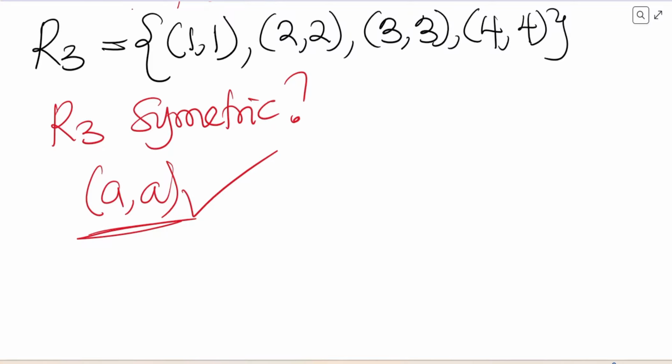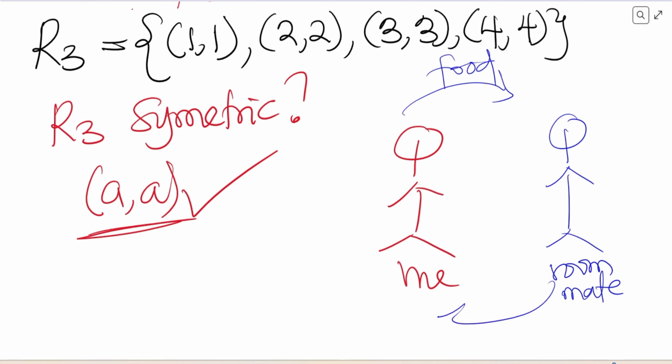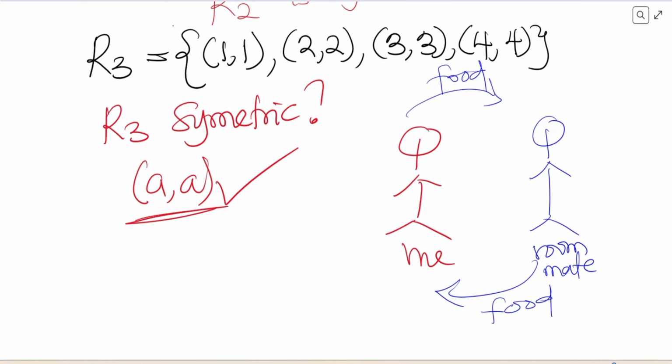In the example I cited with my roommate, I said that if I buy food for my roommate, I expect he also buys me food. But if I don't expect him to buy any food for me, that would be a cheat. And if there's a cheat, we say it is not symmetric.